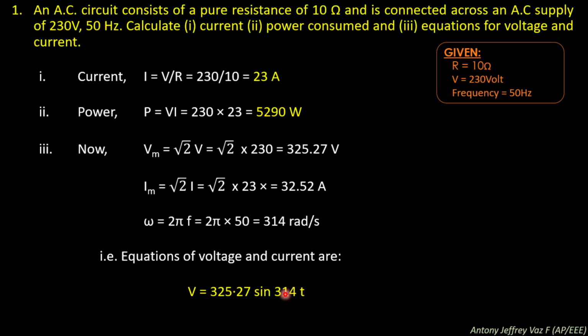So you can substitute this here. Similarly, the current equation is I is equal to Im sin omega t. Im is 32.52 amperes and omega is 314 t. So in this problem you have found the current, power consumed and equation for voltage and current.